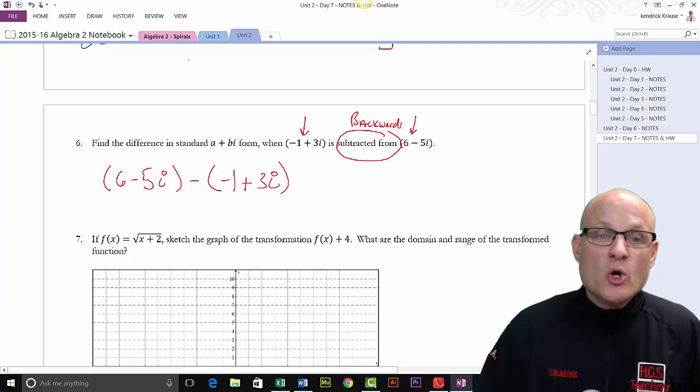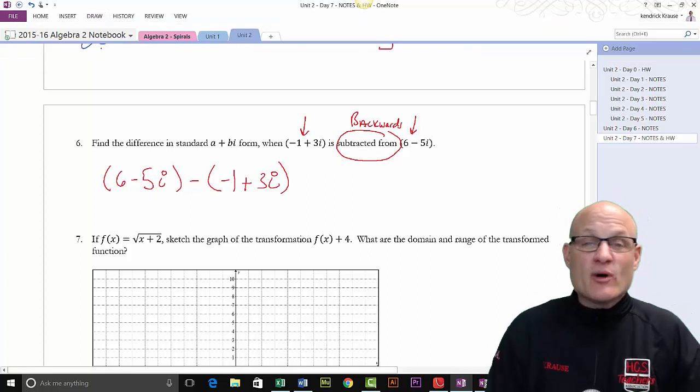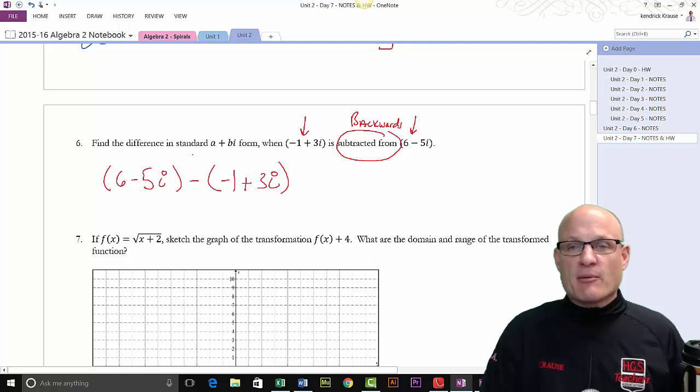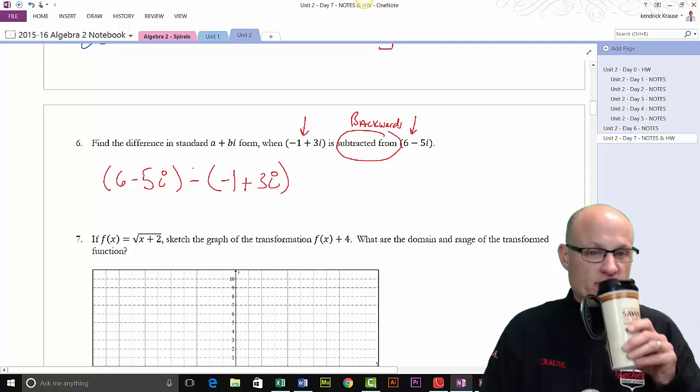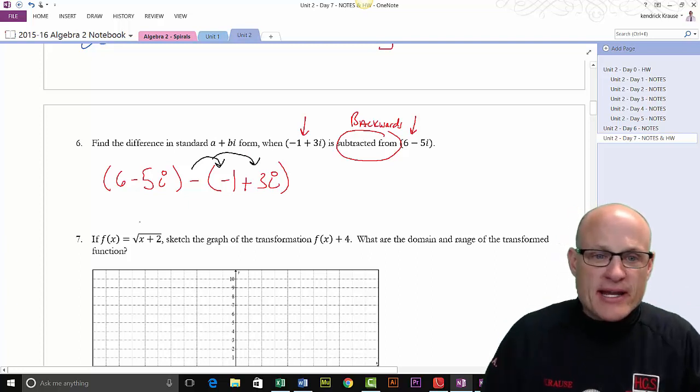And if you remember, we talked in class about the common mistake made here, kiddies. If you understand the common mistakes, oftentimes you won't make them. And of course, our common mistake is not distributing the negative. So if we distribute that negative there, we get 6 minus 5i plus 1 minus 3i.